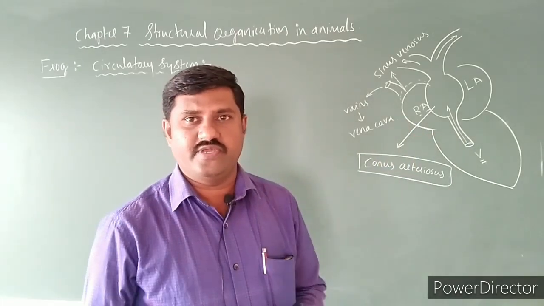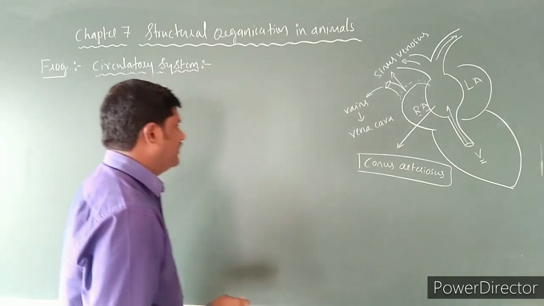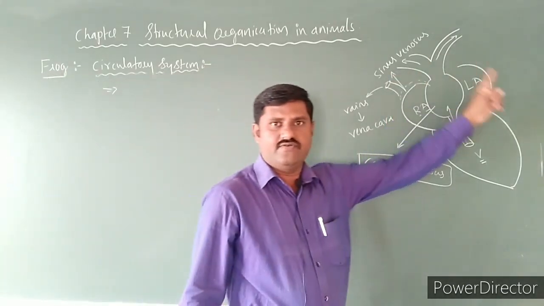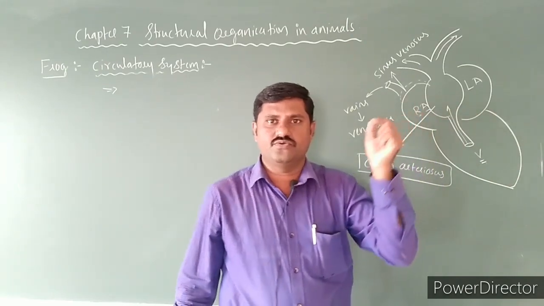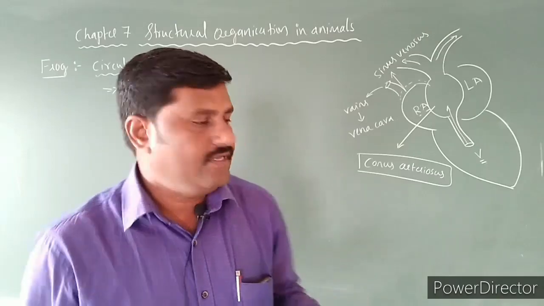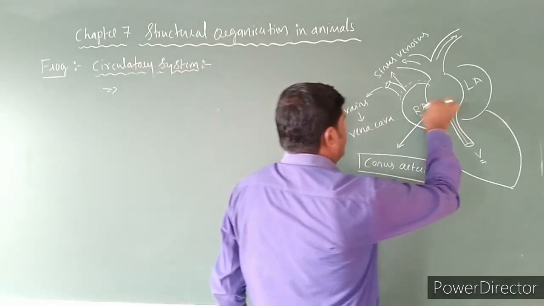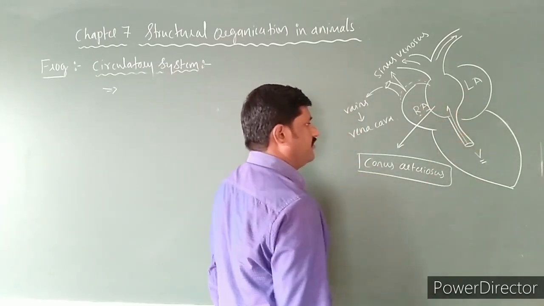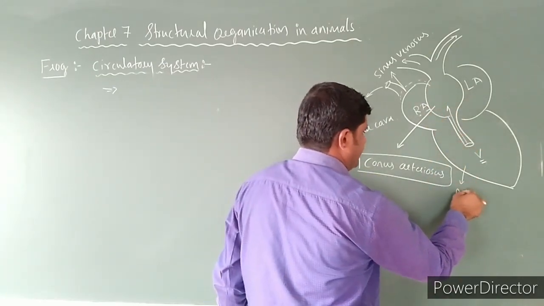And one more point to be noted over here. Note down all these points. Whatever I have already explained over here, you go on noting down all those aspects, okay? So the blood that comes to this ventricle, when it pumps, is mixed blood.